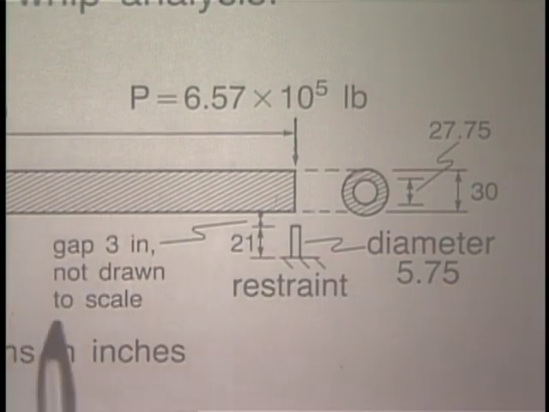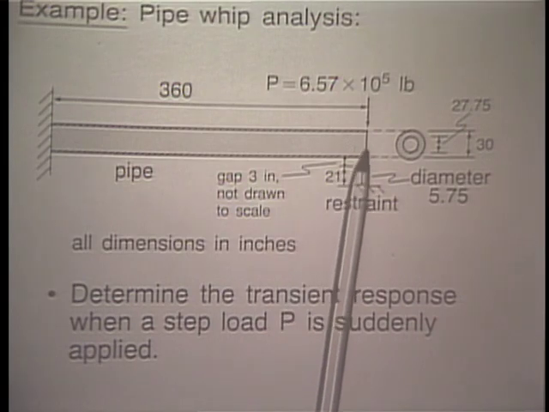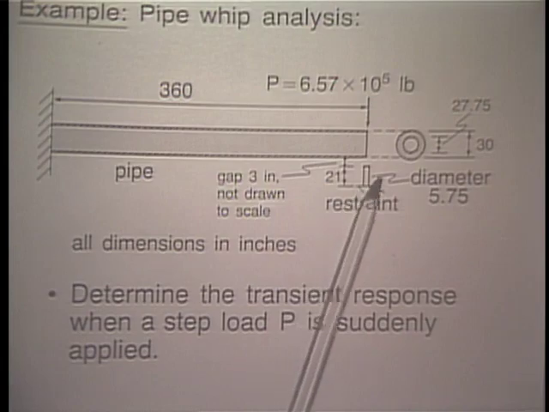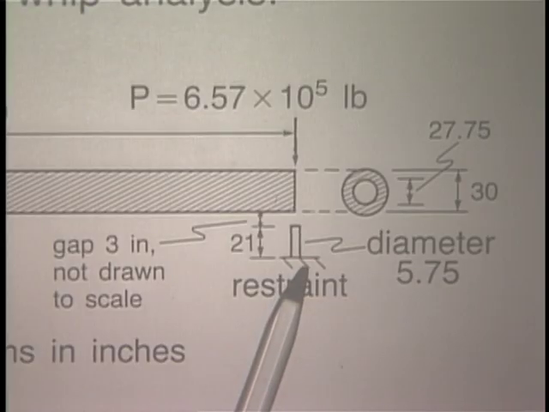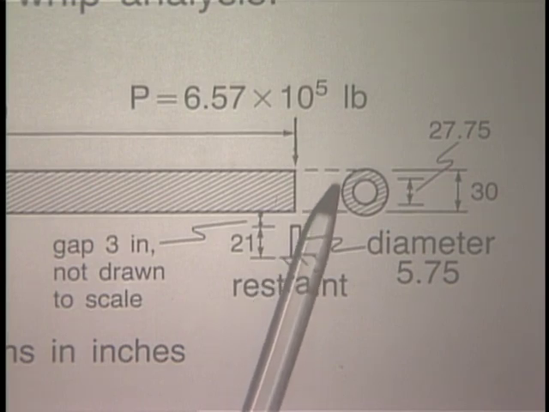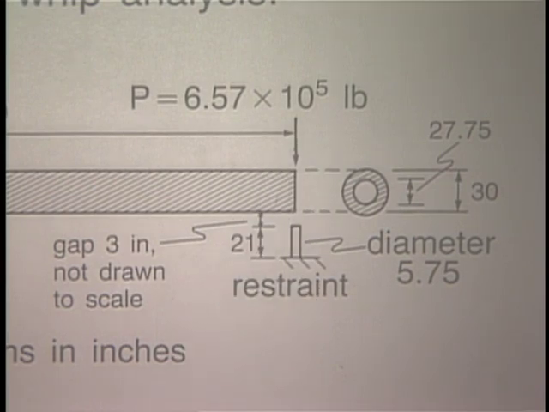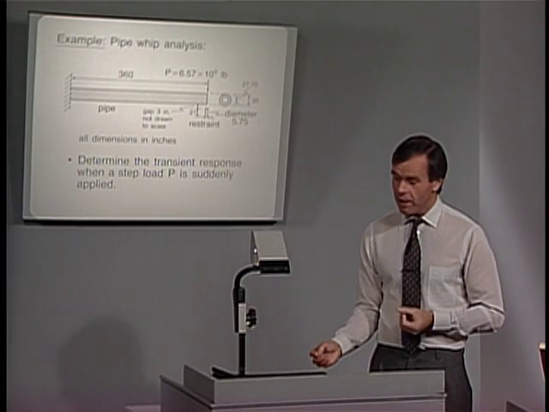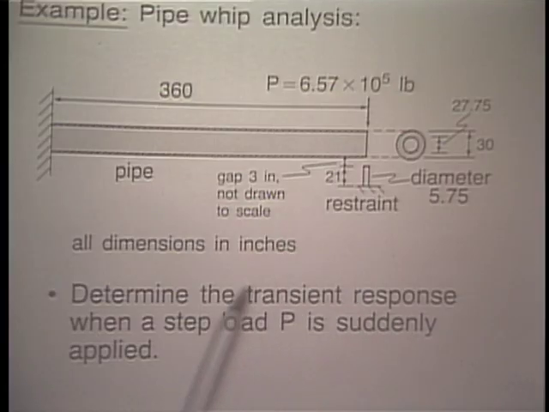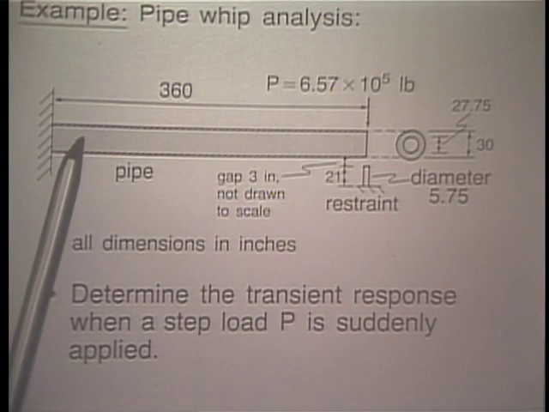Notice there is a 3-inch gap here between the pipe and the restraint. Of course, this restraint in an engineering design is installed to prevent violent motions of the pipe at this point. Our objective here is to determine the transient response of this pipe.